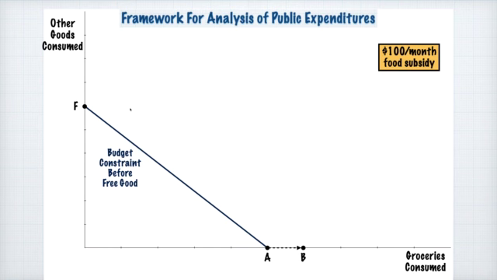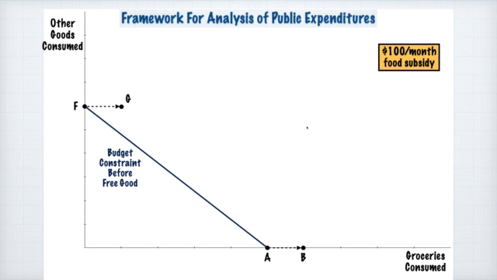Because if we think of the scenario where this individual spent all of their money for the month on other goods and bought no groceries whatsoever, the $100 subsidy allows them to buy the level of F here, all of the other goods that they use their entire income to purchase. And it again causes it to shift to the right by $100. So it shifts from point F to point G.